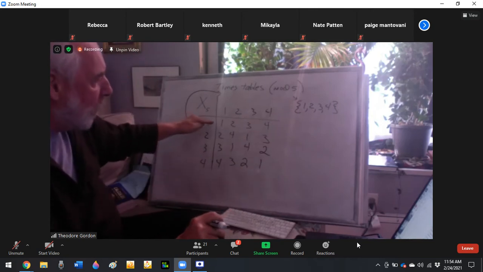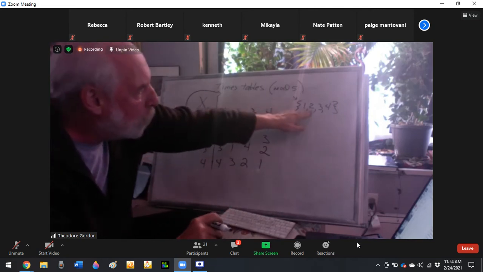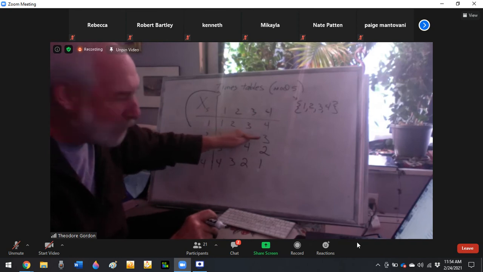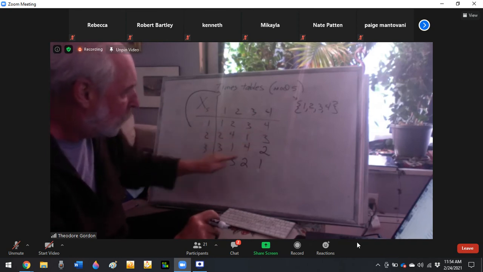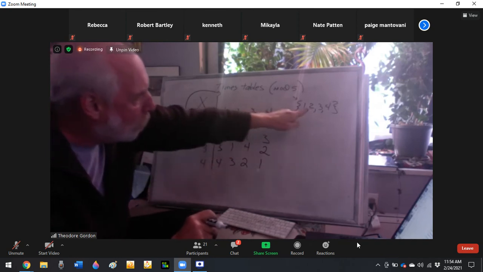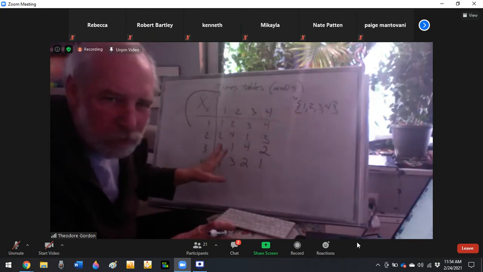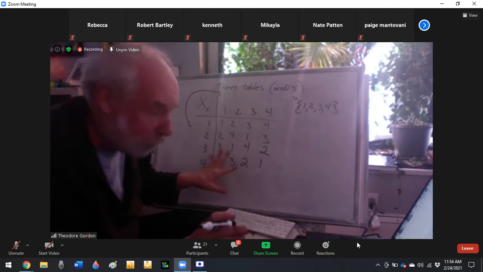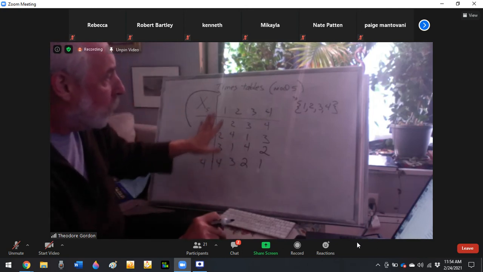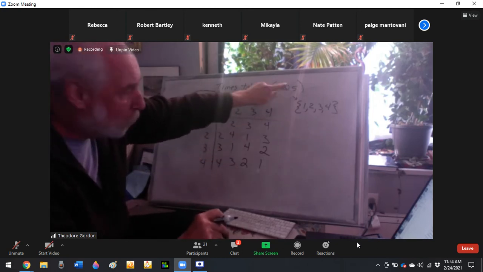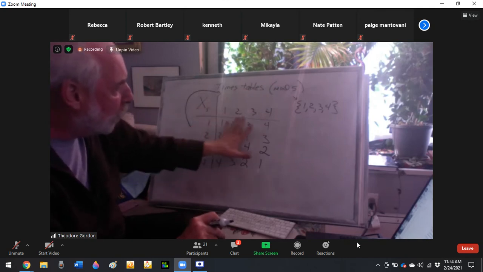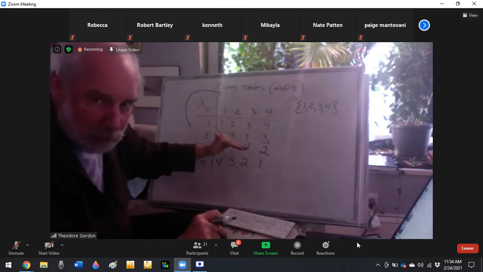Now notice on every row, every one of these numbers shows up exactly once. In every column, every one of these numbers shows up exactly once. Kind of like one of those Sudoku things, which I really hate, by the way. So 5 is odd, 5 is prime, and every number shows up exactly once in each row and column.